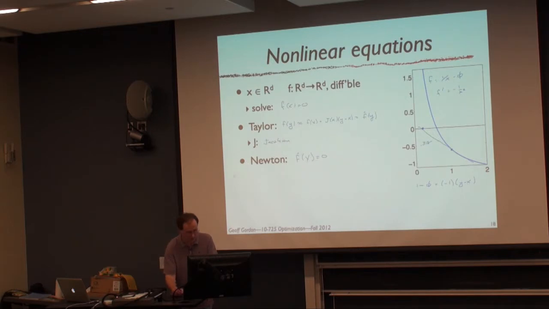In the general case, Newton's method says that f(x) plus J(x) times (y minus x) equals 0, and so we get that y minus x is equal to minus J(x) inverse times f(x).